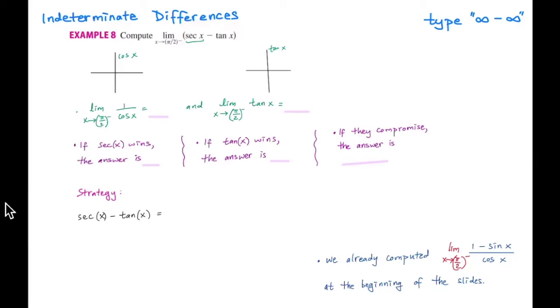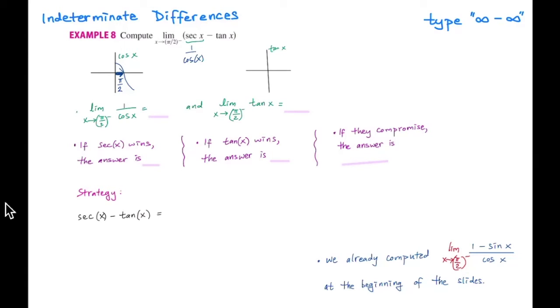Now let me first compute the limit of each function separately. So secant is 1 over cosine of x. And this is the graph of cosine. And as x approaches pi over 2 from the left, cosine approaches 0.